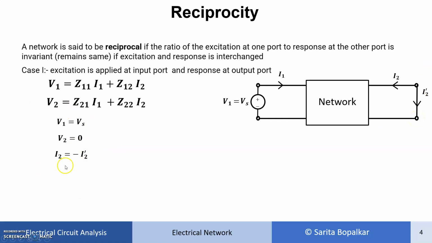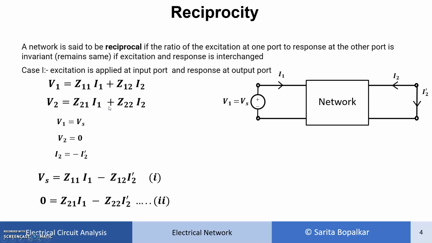Let's put these values in our Z parameter equations. V1 is Vs, equal to Z11 I1 minus Z12 I2 dash. Put this in equation 2 also: V2 is 0, equal to Z21 I1 minus Z22 I2 dash.